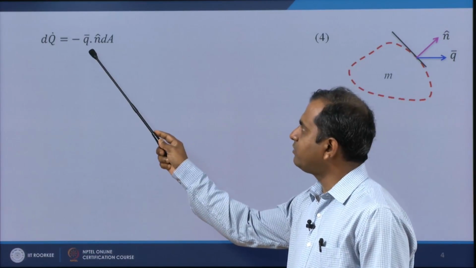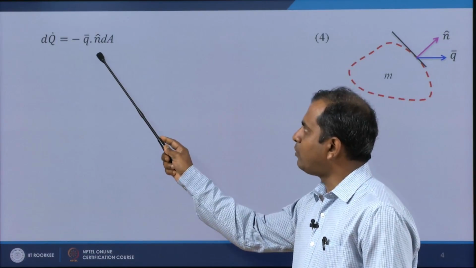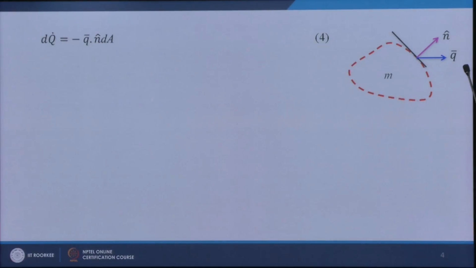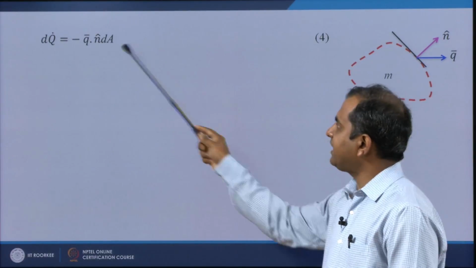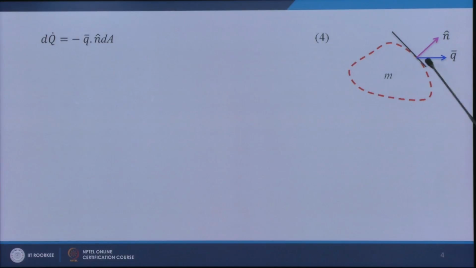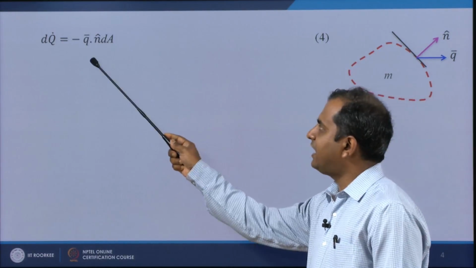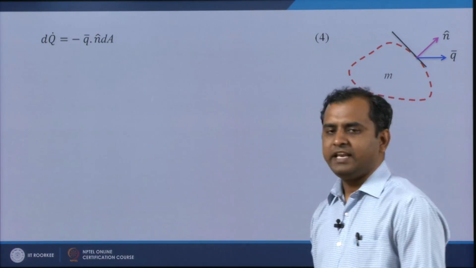So, what we have done over here is the dot product of small q bar with n cap, the normal direction of the infinitesimal small surface, into dA. That will give us the account of del q dot.